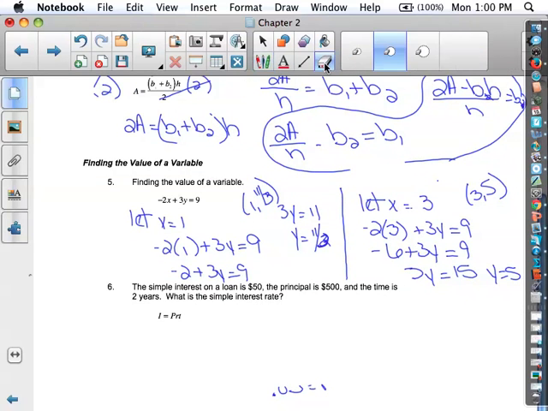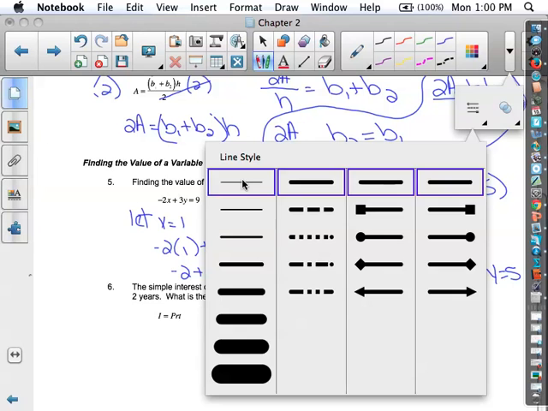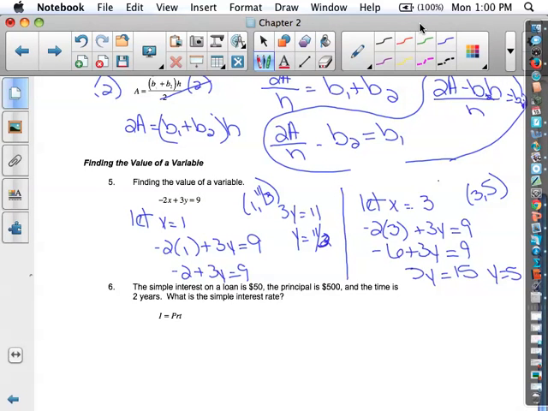For number 6, it's one of those word problems that says the simple interest on a loan of $50 is $50. The principal is $500 and the time is 2 years. What is the simple interest rate?